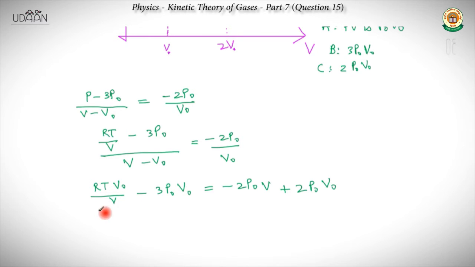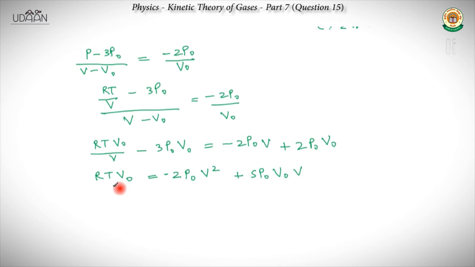Then RT V naught would be equal to minus 2 P naught V square plus 5 P naught V naught V. So T is basically minus 2 P naught V square plus 5 P naught V naught V, divided by R V naught.